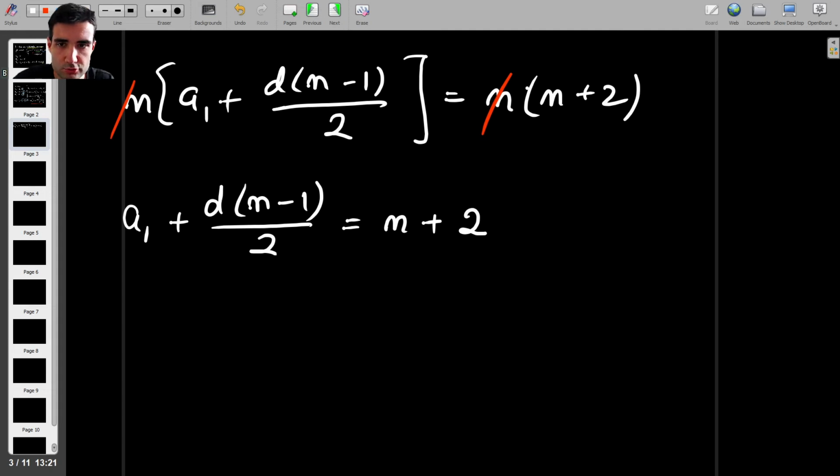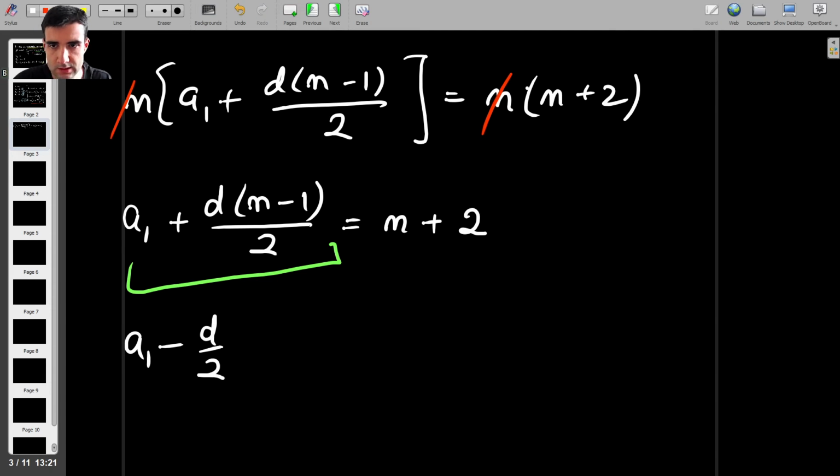Now on the left-hand side, I will try to separate the terms containing n and the terms that do not contain n. We have a1 plus the other term that doesn't contain n, which is d times minus 1 over 2, or minus d over 2. And the only term that contains n on the left-hand side is this one. So we just expanded the bracket, and that's equal to n plus 2.